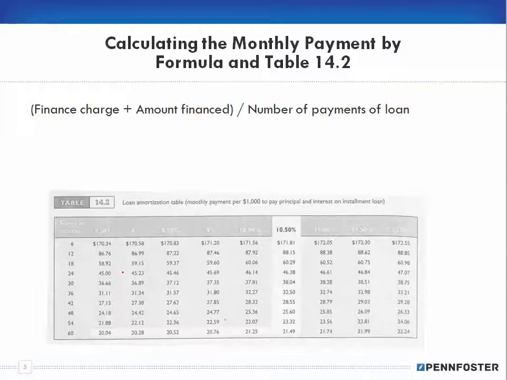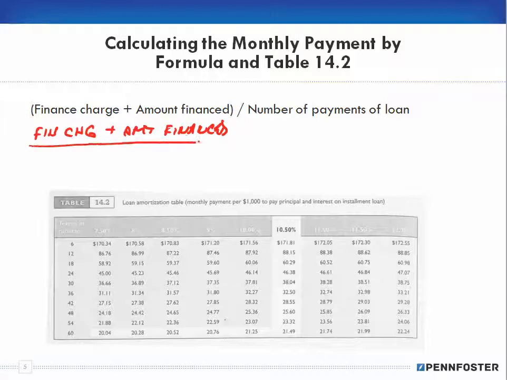If we need to calculate the monthly payment, we can do it by the formula, and the formula here is our finance charge plus the amount financed, and we're going to divide that by the number of payments for the loan.